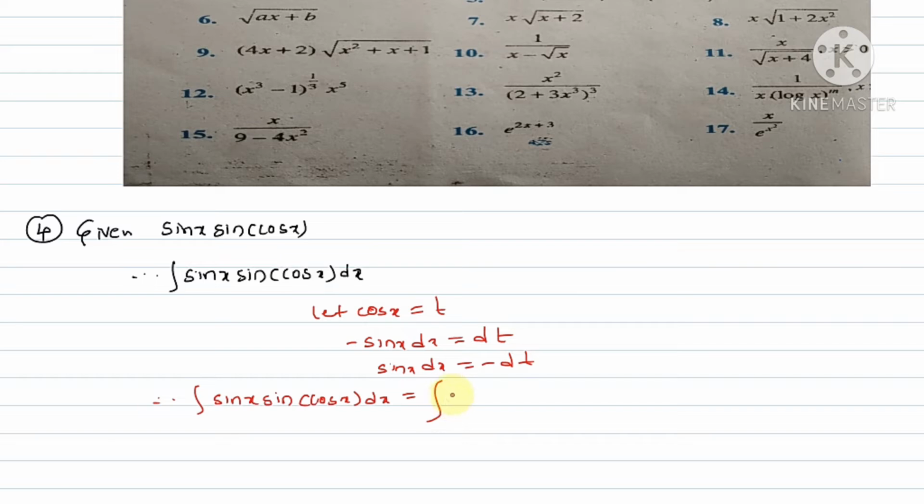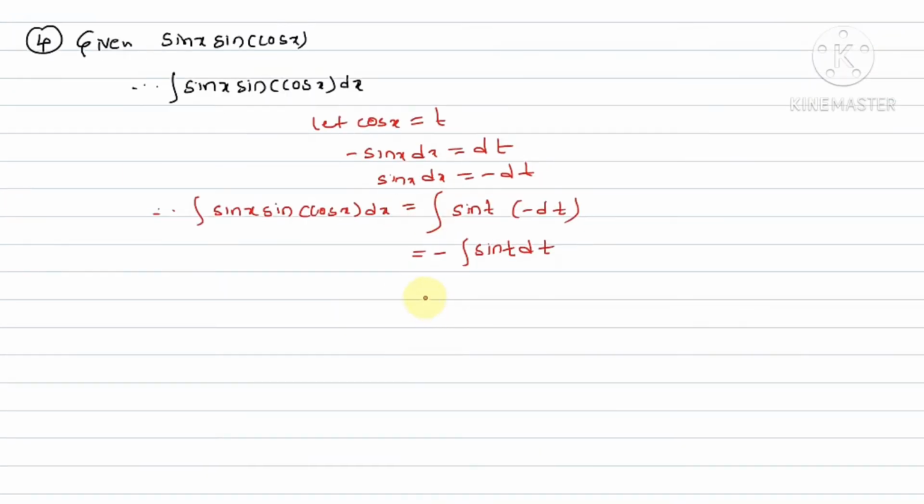So that is sin t into minus dt. Taking minus common, this is the integration of sin t dt. The integration of sin t is minus cos t plus an arbitrary constant c. Minus into minus gives plus cos t plus c.